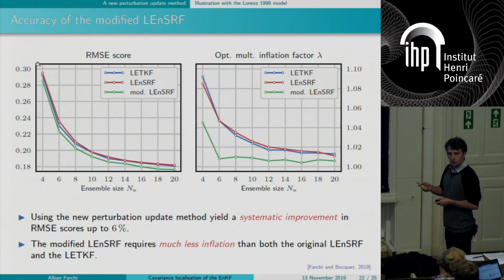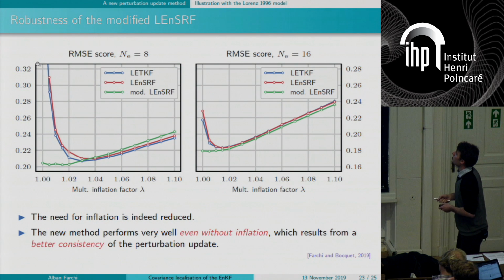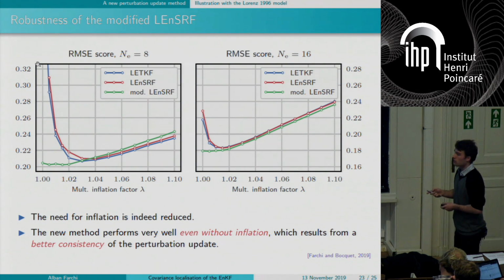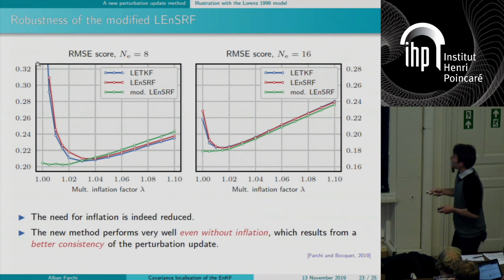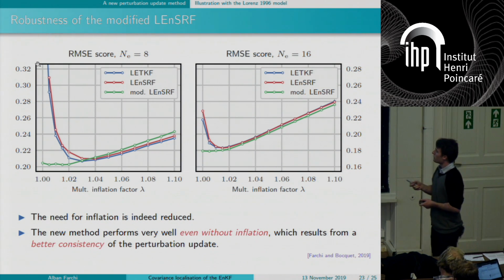And in order to further study these points, we looked at the evolution of the RMSE as a function of the multiplicative inflation factor at a fixed ensemble size. So for example, here you have 8 members and 16 members. Again, all three algorithms. And now we see that indeed using the new perturbation method in green, the need for inflation is reduced.